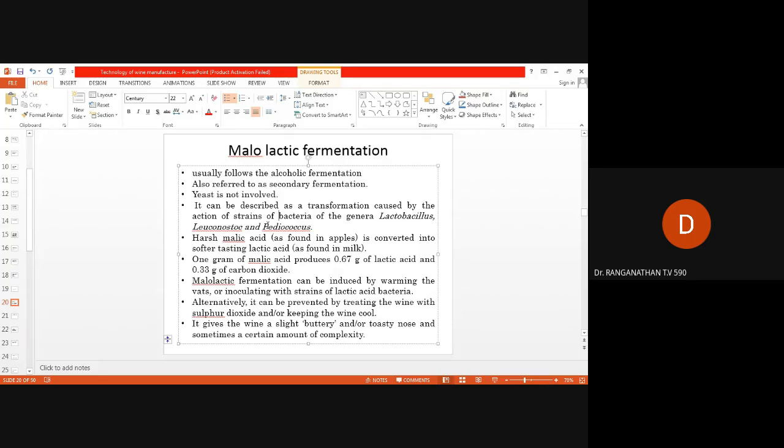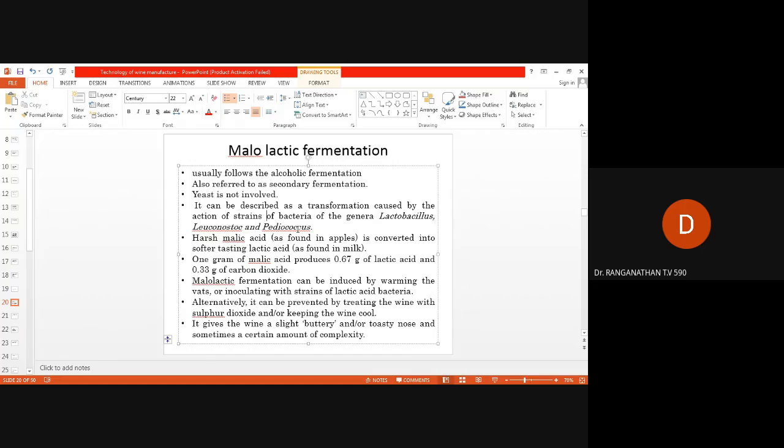Here, as I said, this fermentation is the conversion of acid to esters and a modification of the flavor and the taste profile. So what is basically happening? Malic acid, as in apple, is converted to lactic acid, as found in milk. This is done by Lactobacillus, Leuconostoc, and Pediococcus.